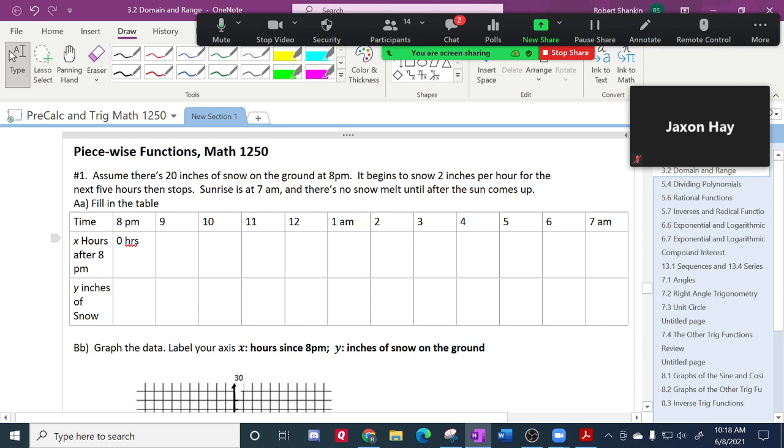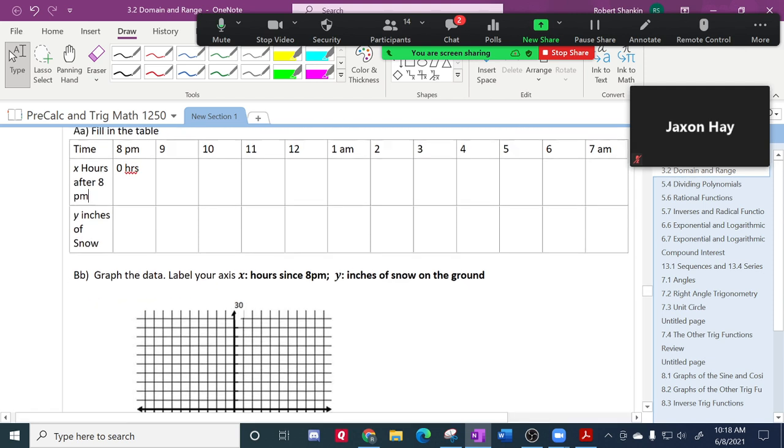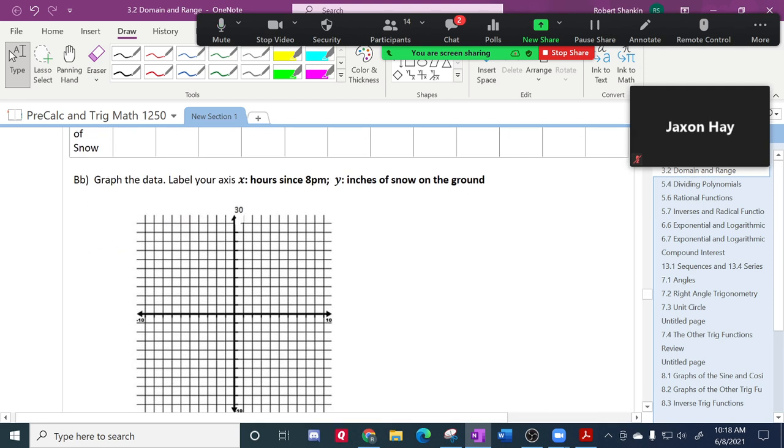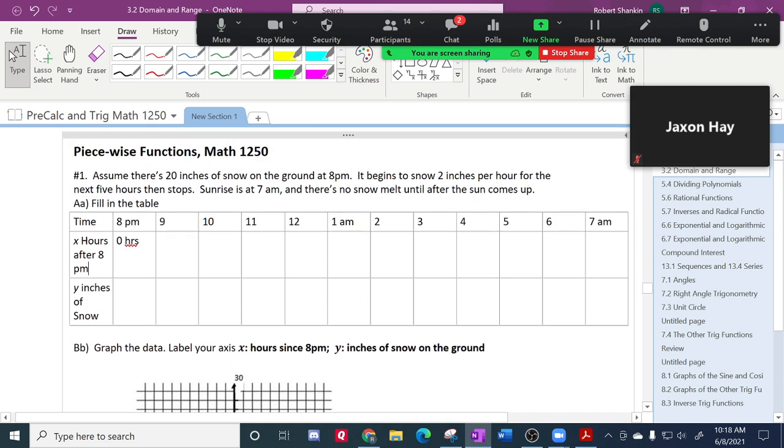So 0 hours after 8 p.m. And then I want you to fill in this entire table. So of course at your home you're going to have to kind of make a quick sketch of this table and then fill it in. And we give you a minute for that. And then you're going to be graphing it. Make a quick XY grid on your paper and graph these results. And I'll give you a minute to work individually here.